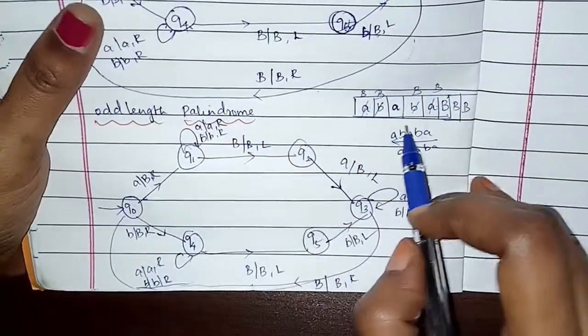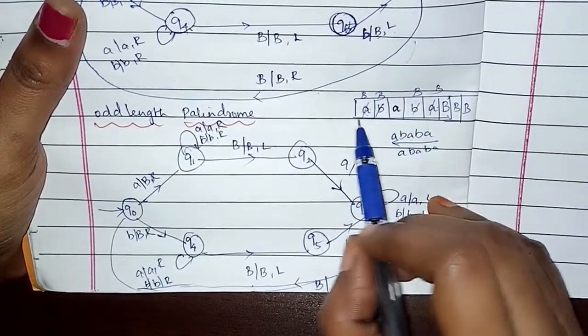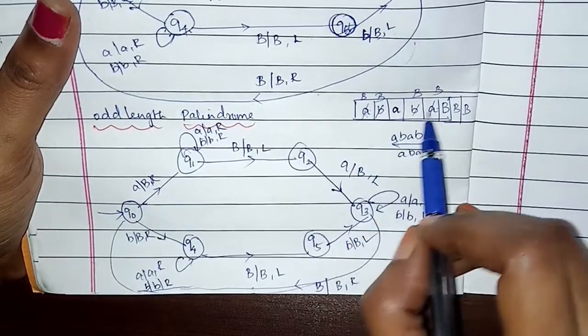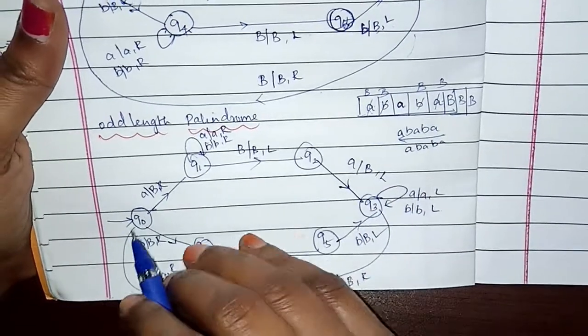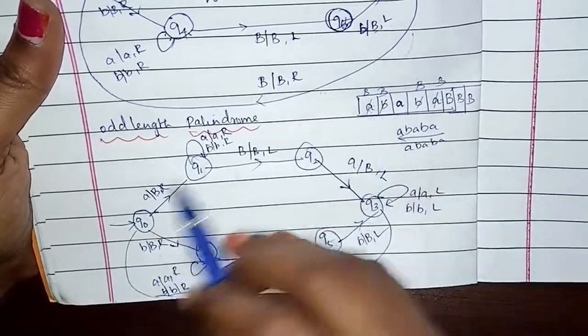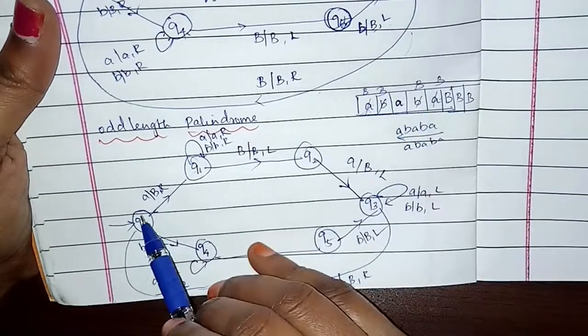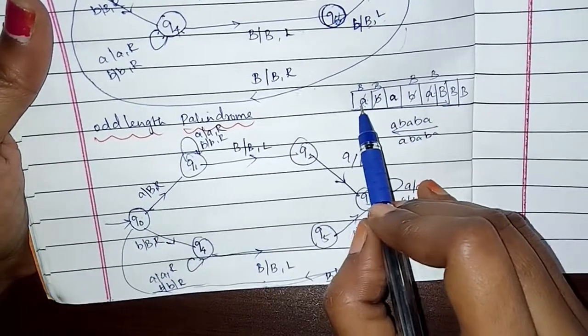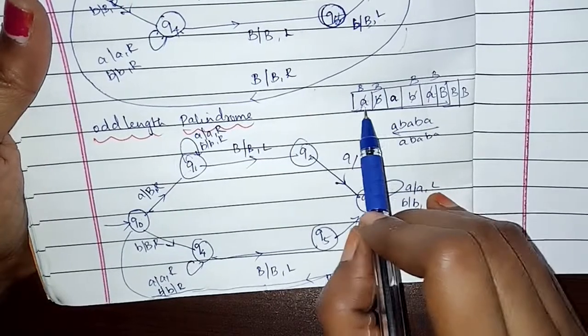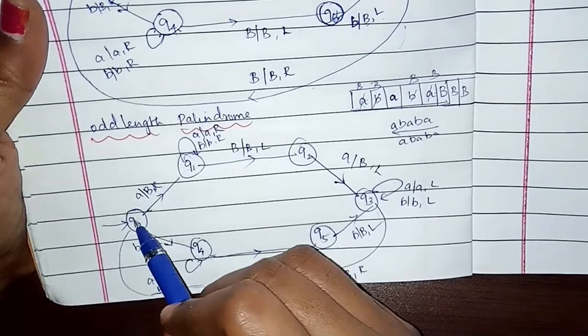For the situation that arises after cancelling out these even length pairs, you have to stay at Q0. Why? Because for Q0 to Q3, this A gets cancelled, this 2A, and you have to go back to this one.